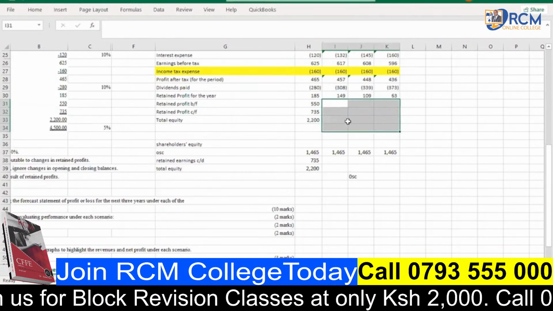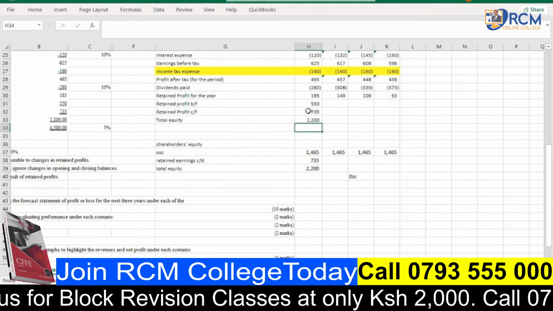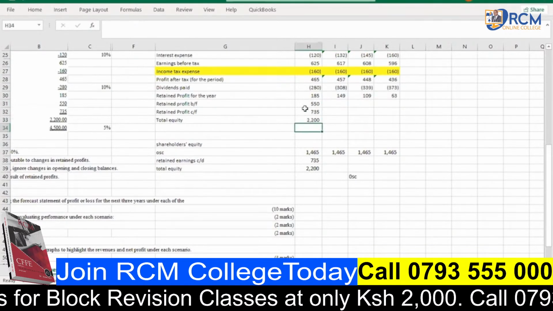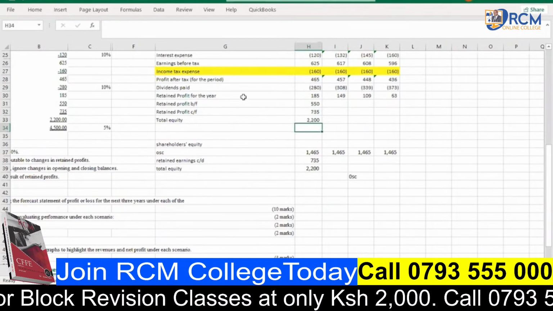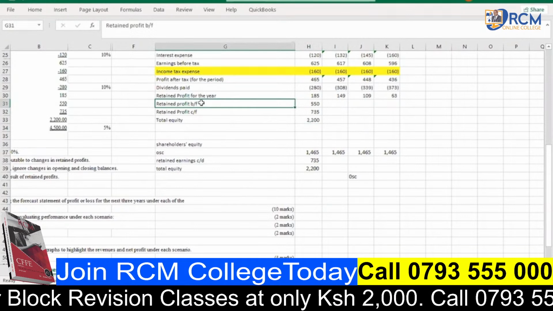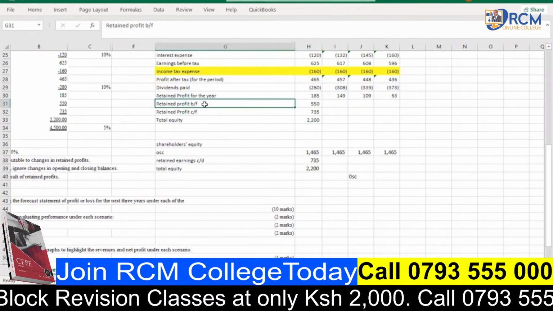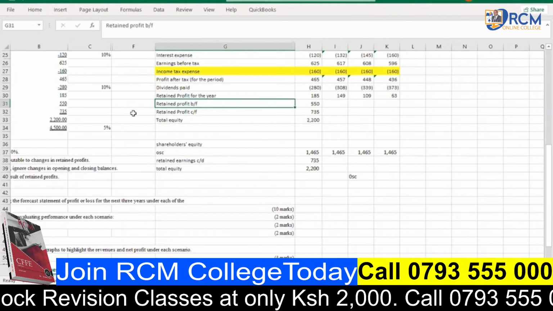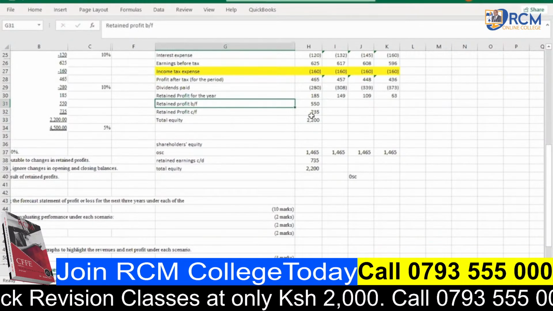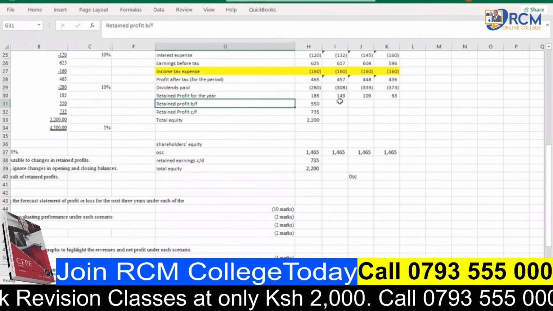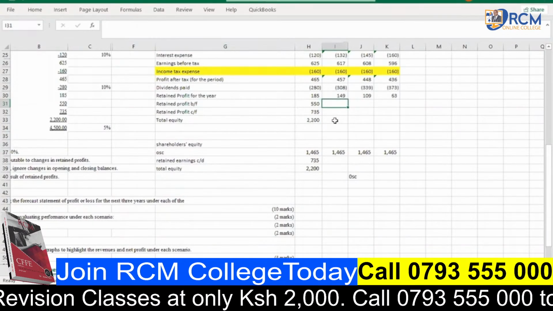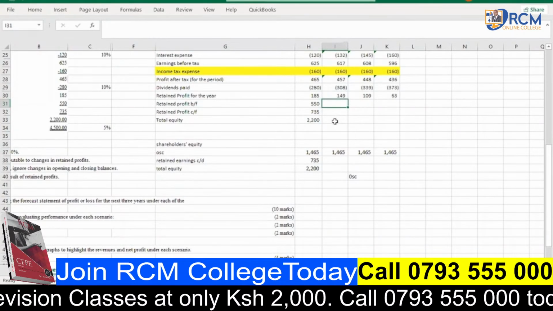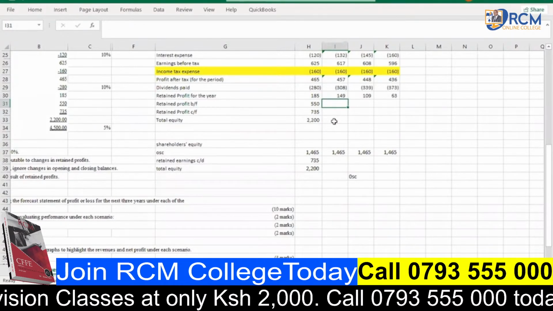Let's do away with these things. Let's remain with the 2022. So we have said our retained profit brought forward or brought down is the retained profit from the previous year. Now that we are through with 2022, can someone give us the value for the retained profit brought forward in the year 2023?